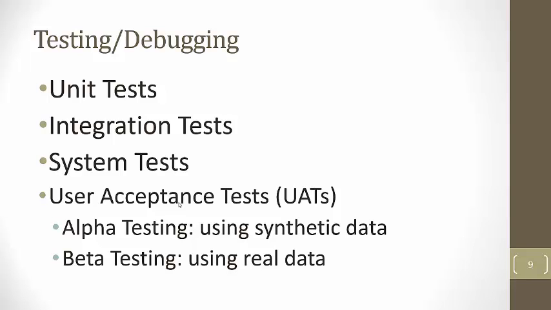So thinking back to our example, a customer purchasing something online. When we go through the user acceptance test for a similar project, what we would do is deploy the application, set it online, and then use some fake data to do our alpha testing.